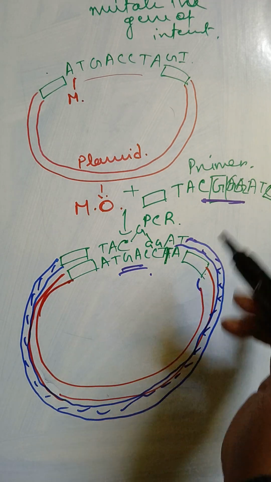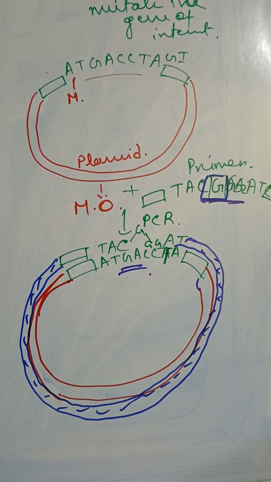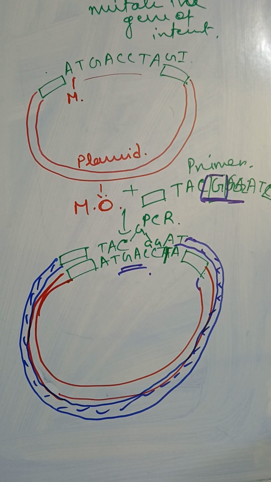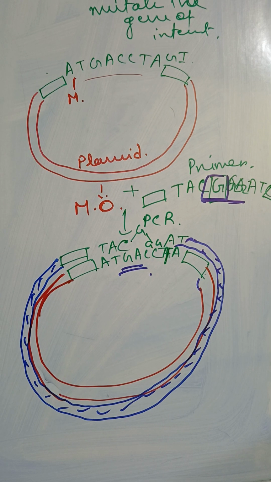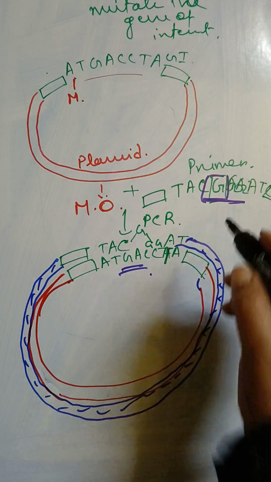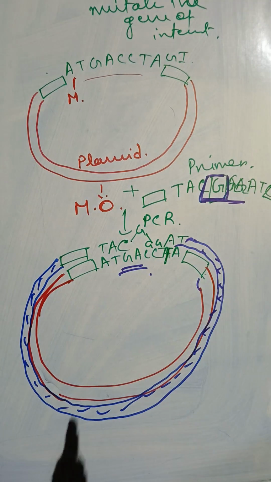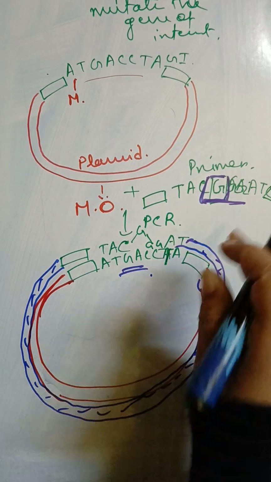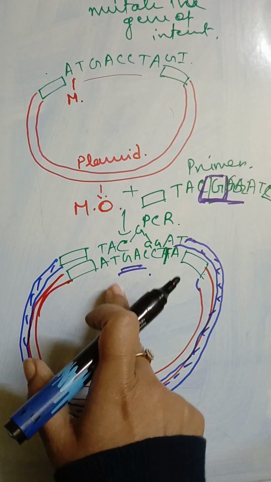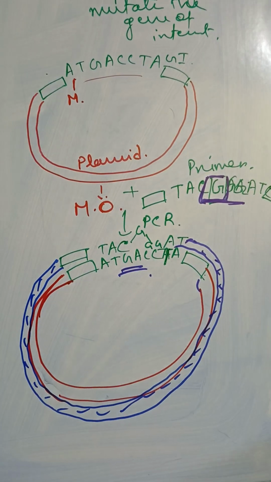Site directed means you are directed to a specific site of a nucleotide stretch to be modified so that it can modify those genes of interest to produce your product of interest like penicillin. If you want to increase the production amount of penicillin or of any wine producing yeast, you just have to modify a single nucleotide base in your primer sequence that will not anneal to the gene of interest sequence.